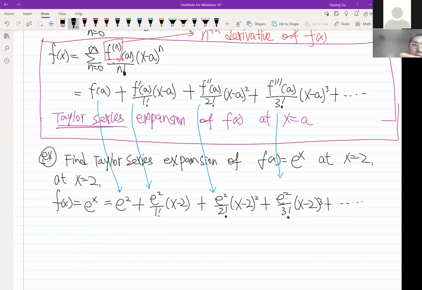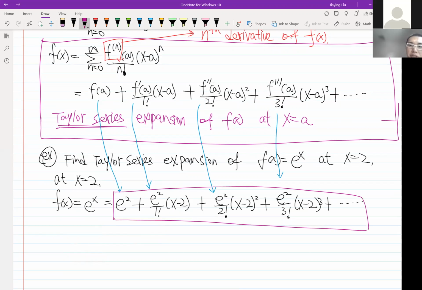So this expansion here, this is what we call the Taylor series expansion of e to the x at x equals 2. It's very important to notice that this is one expansion at a given x value.